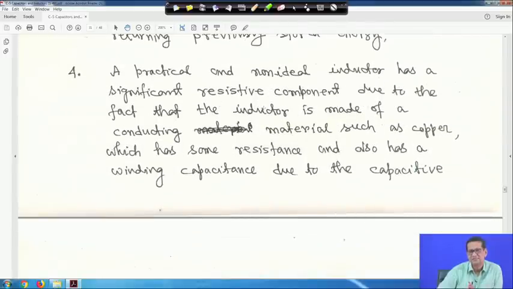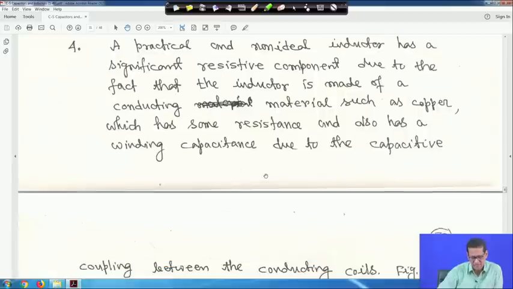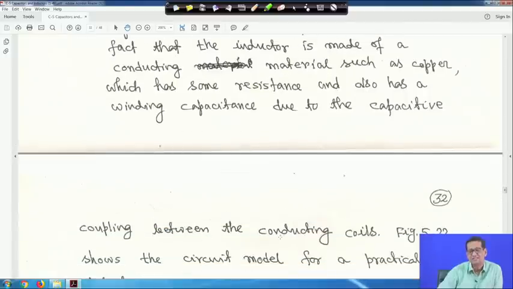It has a significant resistive component due to the fact that the inductor is made of a conducting material such as copper, which has some resistance, and it also has a winding capacitance due to the capacitive coupling between the conducting coils.